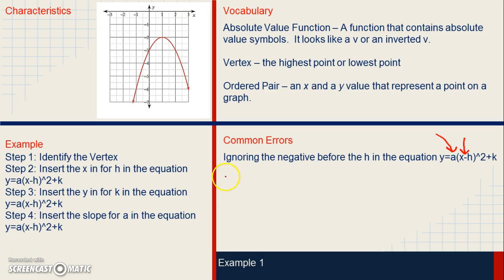And again, when you type it in, you'll type in y equals negative, open parentheses, x minus 1, close parentheses, caret, that's Shift 6, 2, that's like saying squared, okay? And then you'll go ahead and do what your k is. So our k is -2. So it's going to look like this when you type it in. Don't forget to use this caret key.